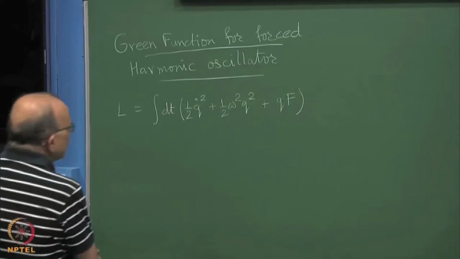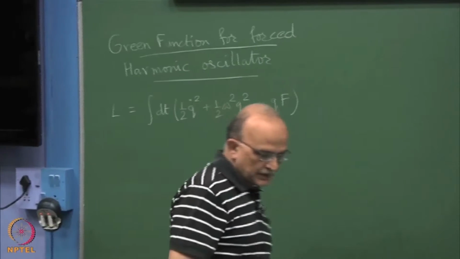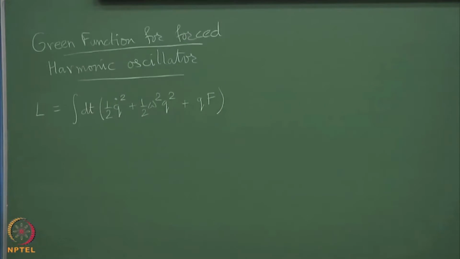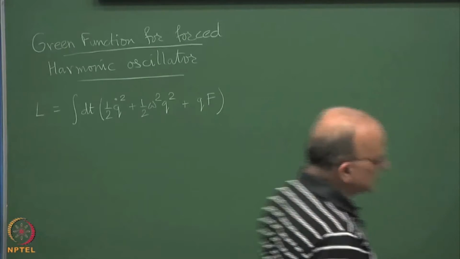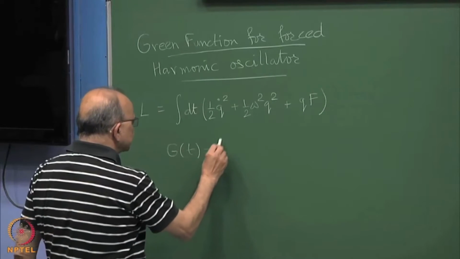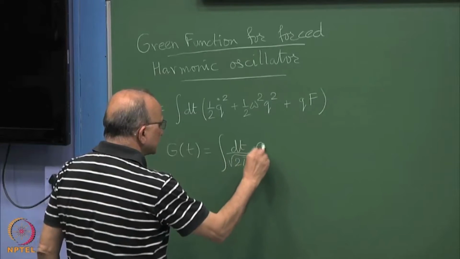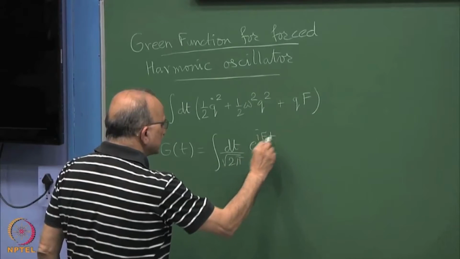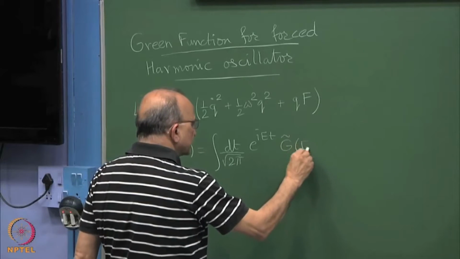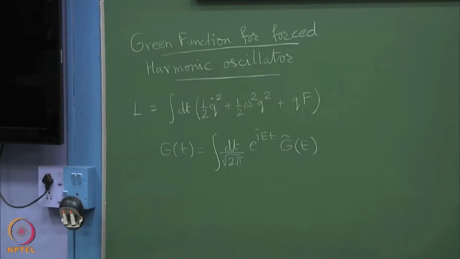And then what we do here is that we propose a Fourier transformed variable for q and similarly for f. Our definition will be g equal to, this is the convention for the Fourier transform.